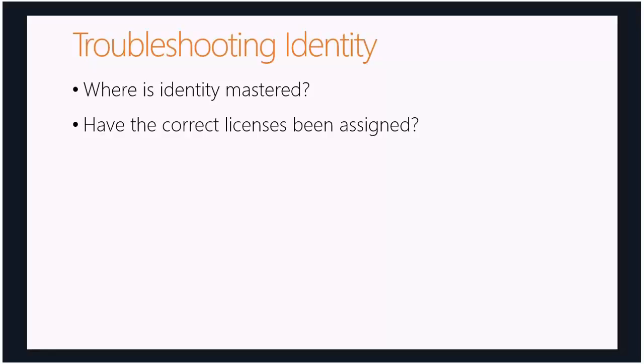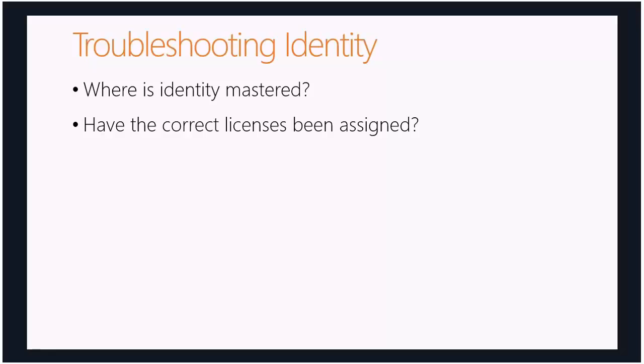So remember that not every customer that you see or every prospect that you work with will have exactly the same licensing, or may have a single suite covering everything. So again, when you get people who can't access services or something's unavailable, make sure that you go in and check that user to ensure that they have the correct licenses and they have been assigned.